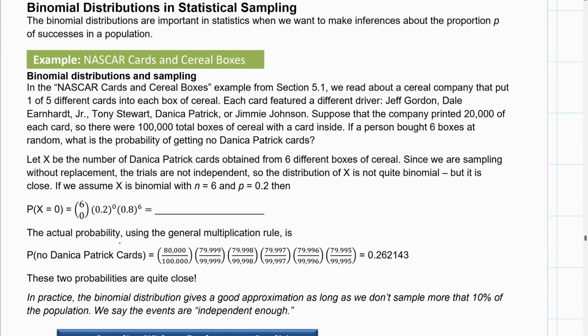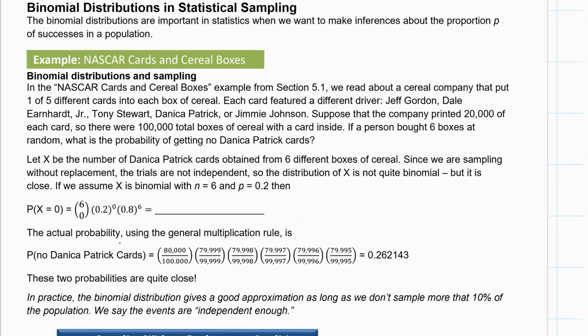Now we get into the part of the lecture that talks about how we might, quote unquote, cheat in statistics. The binomial distribution is based on those assumptions that are in the binomial setting. So one of them is independence.